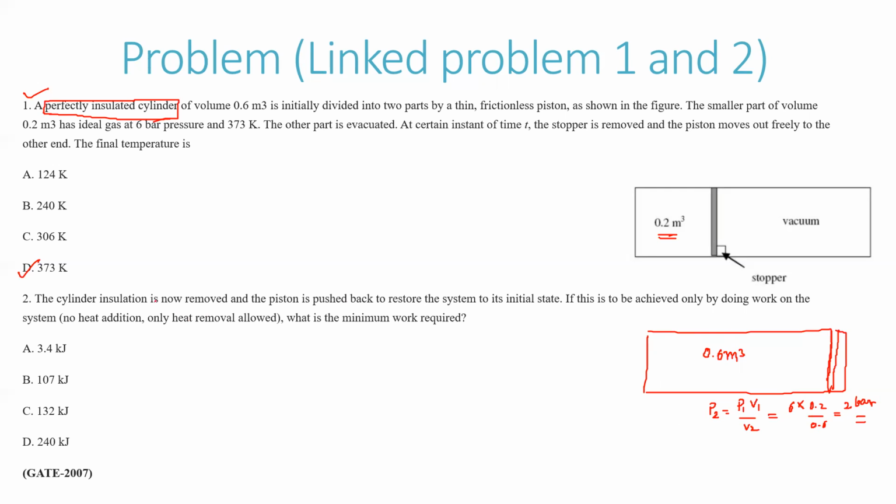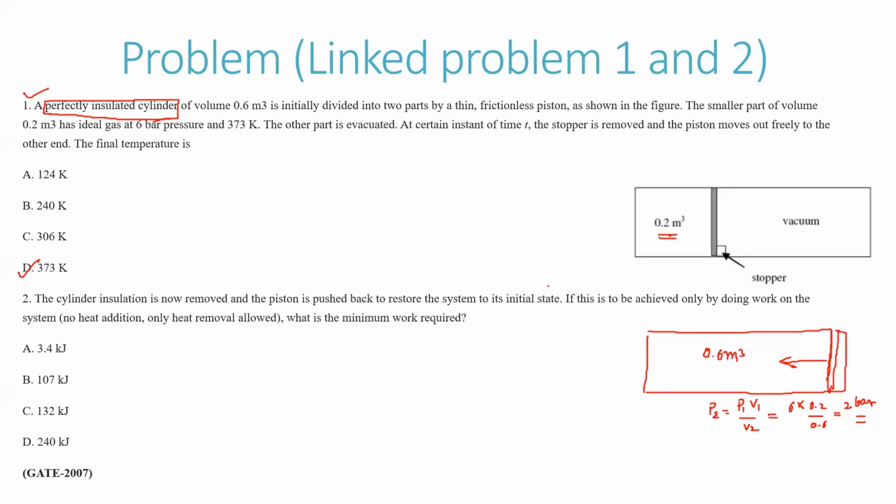Now they are saying that it is pushed back to restore the system to its initial state. This is achieved only by doing work; no heat addition is allowed. Heat removal is allowed, but heat addition is not.